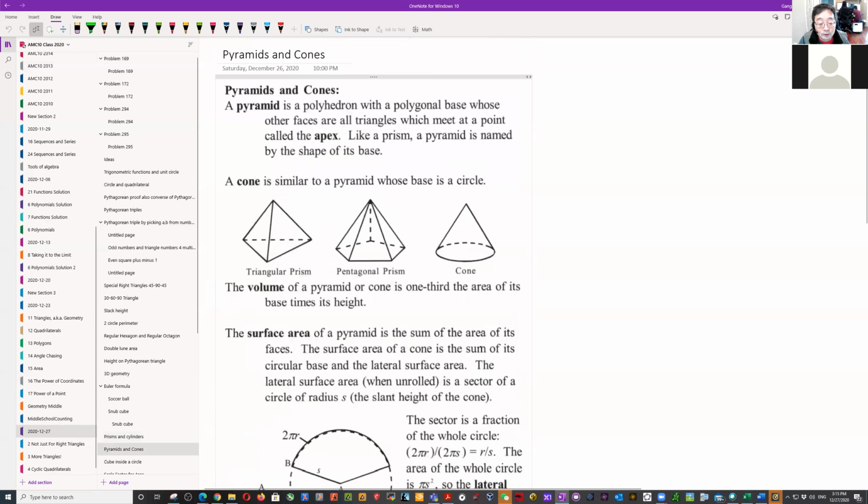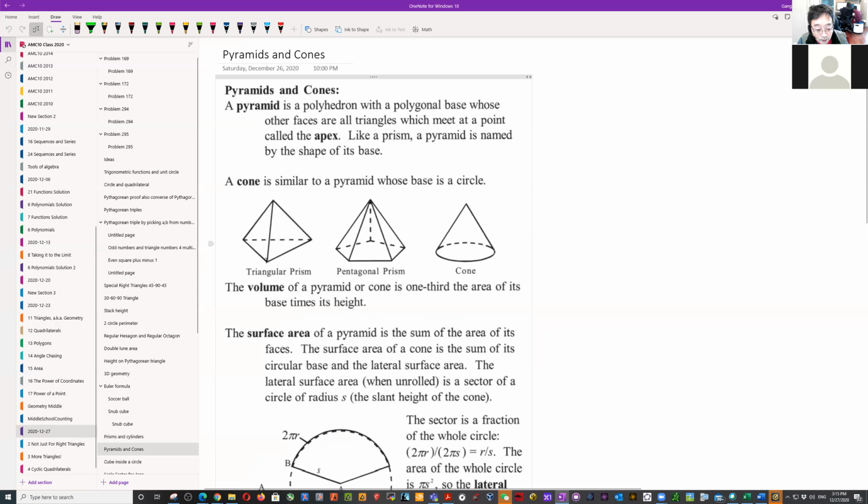And the pyramids and the cones are just a little bit different. The lateral surface is the summation of all the triangles. For example, for the triangle on a regular pyramid, the height on this side is called the slant height.